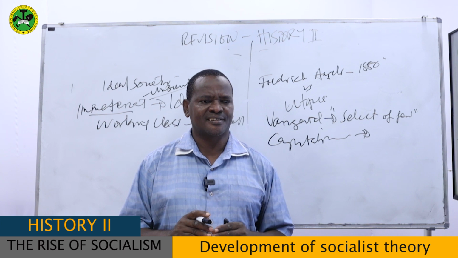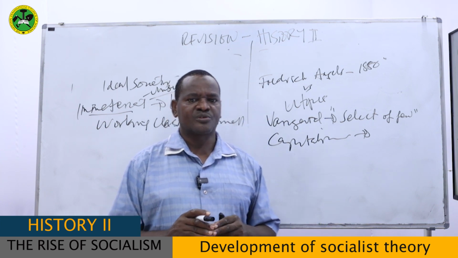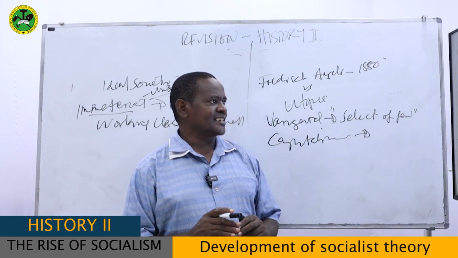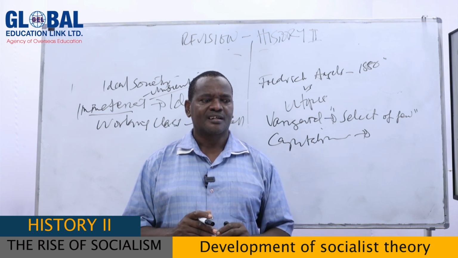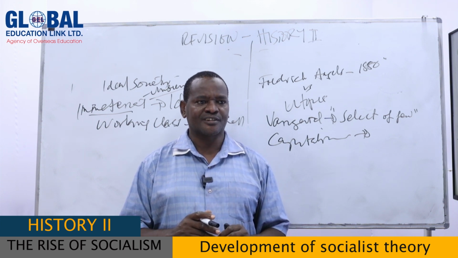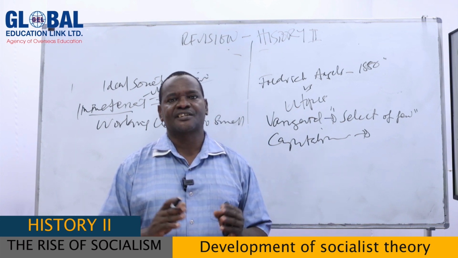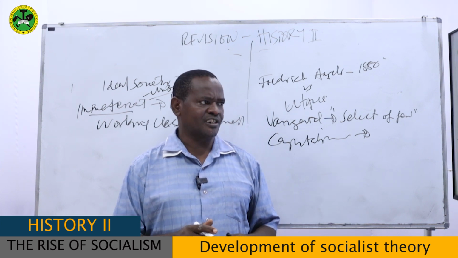Something had to be done, and force had to be used to make them agree to give their properties to the state. So they believed in nationalization of all major means of production, something which also became very useful to the scientific socialists, as we saw in the implementation of scientific socialism in the USSR after the 1917 October Revolution.